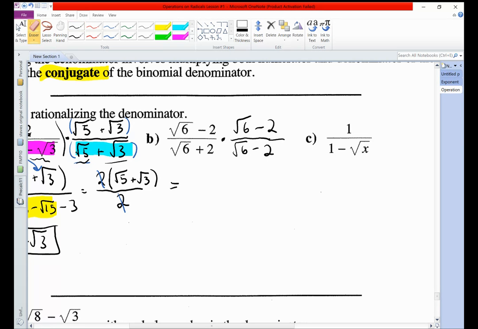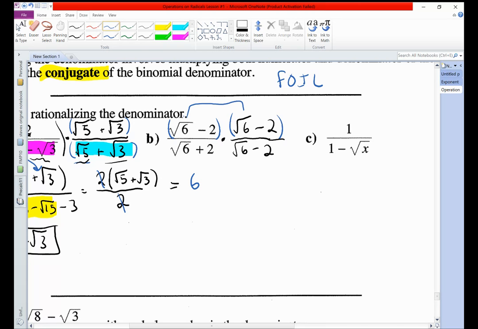So in the top we have, let's do the top here. We're going to multiply those brackets by those brackets. We're going to use FOIL, first, outside, inside, last. So we're going to start with first, which is root 6 multiplied by root 6, and that just gives us 6.